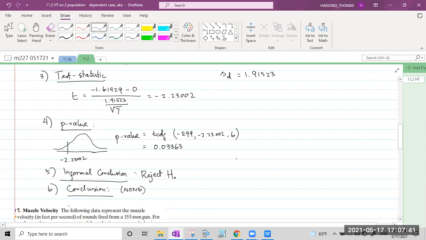How about the critical value? The alpha is 5% on the left tail. So T critical is inverse T, the area to the left 0.05, degree of freedom 6.